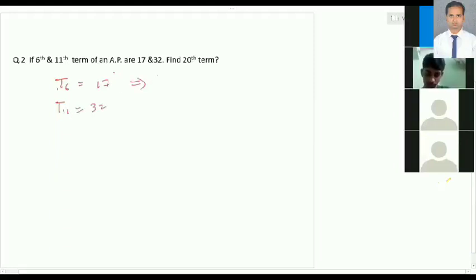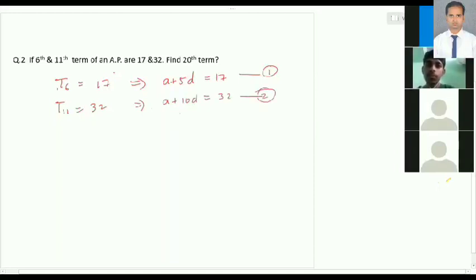What is the T6 formula? If you take the first term as A and common difference D, T6 will be A plus 5D. Is it okay for all of you? This value is given as 17, and this will be our equation number 1. For the second equation, you will get A plus 10D, equation number 2, equal to 32.